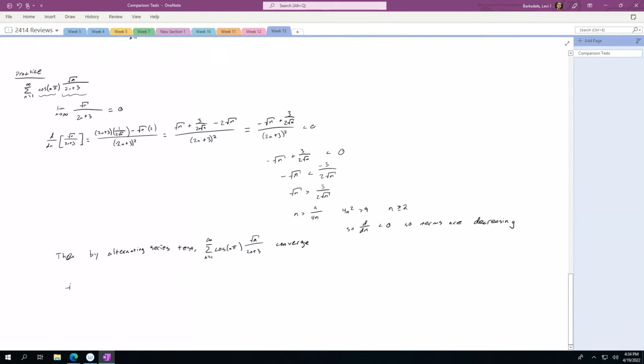So you can actually notice that the square root of n divided by 2n plus 3 is actually larger than 1 divided by 3n, because square root of n is bigger than 1, and then 3n is larger than 2n plus 3, so 1 over 2n plus 3 is going to be smaller than 1 over 3n, which means we have this inequality, but this series actually diverges by p-series.